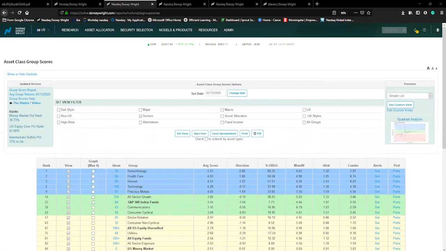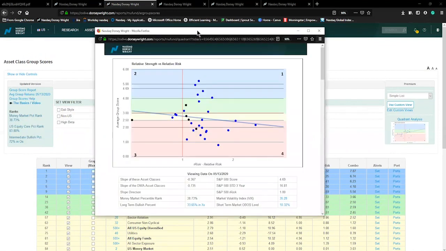That quadrant analysis provides a different type of visual representation for the groups that you have filtered below. This is revolving around the Doppler relative strength, or Doppler RS concept, in that you want to have a view of the playing field in terms of what is on a lower relative risk basis than, say, the market benchmark, and what is scoring better or worse than a market benchmark.